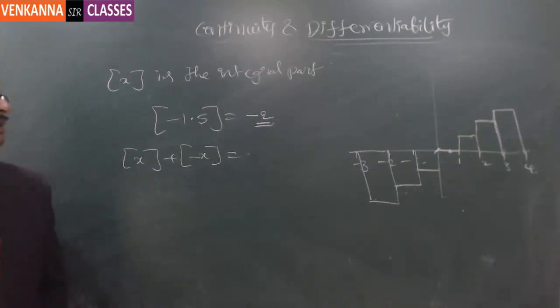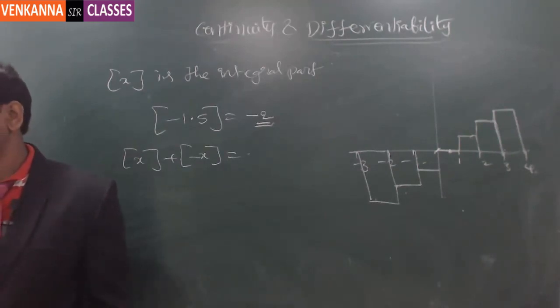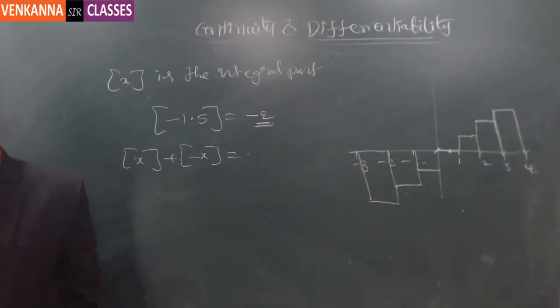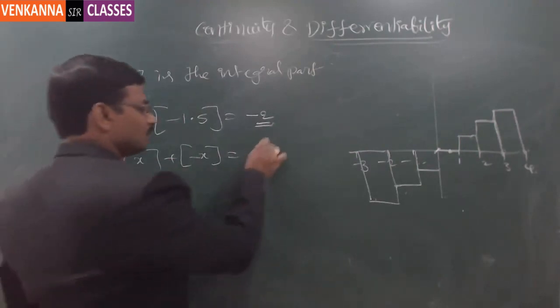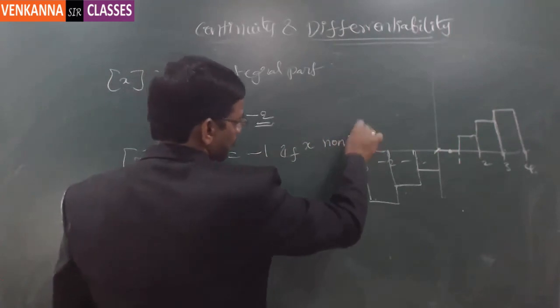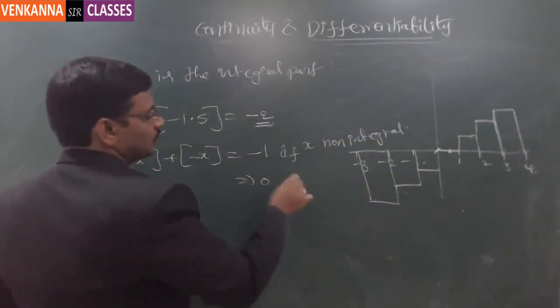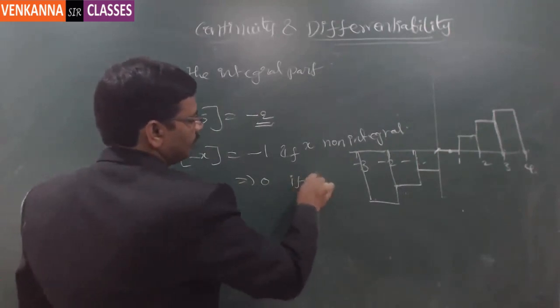-1 is correct, but it is partial. This value is -1 if x is non-integral. But if it is an integer, this value is 0.